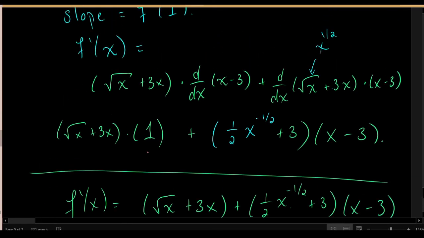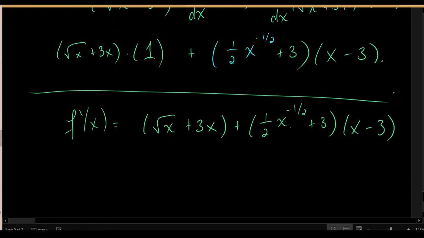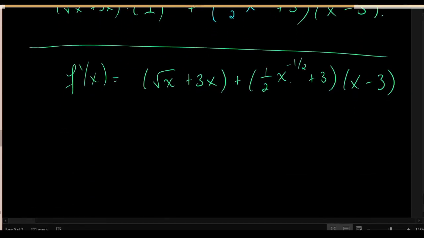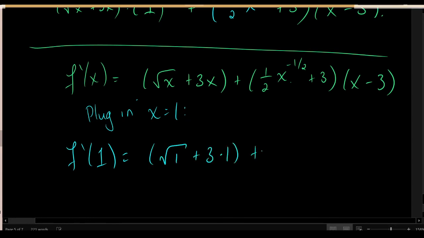Now someone said find the slope at x equals 1. So now I'm going to plug 1 into this expression. And so I'm trying to figure out square root of 1 plus 3 times 1 plus 1/2, 1 to the power negative 1/2 plus 3 times 1 minus 3.